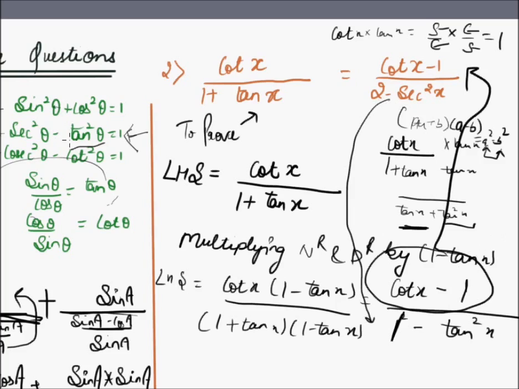See, here secant square minus tangent square theta is 1. So what is minus tangent square theta? It is 1 minus secant square theta.